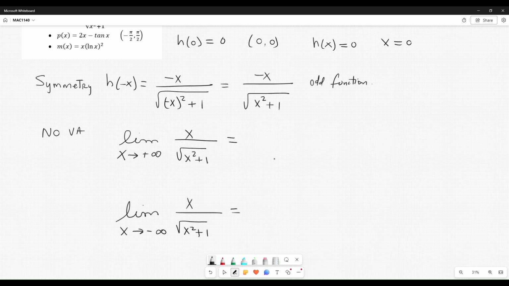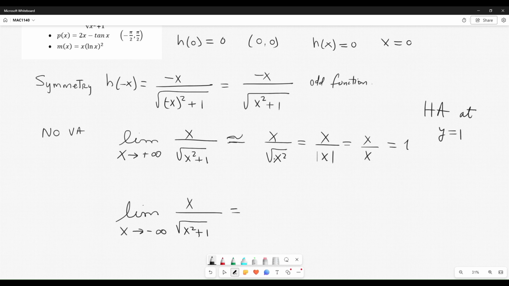Entonces the dominant term, this is approximately x over square root x squared, which is the absolute value of x, and the absolute value of x is x because we are working with positive numbers. The answer is 1. So yes, we have a horizontal asymptote at y equals 1.